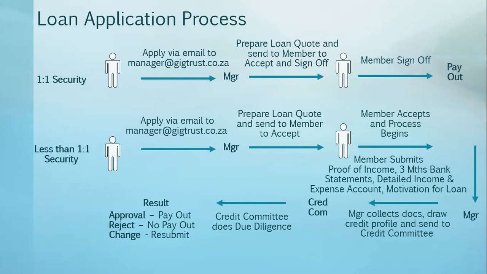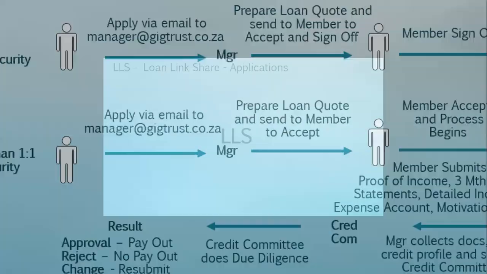So there's a lot of positive application of minds that happens from the credit committee. And I can just give them high praises for how they go out of their way to help the member get the best possible solution. So this is then the loan application process.